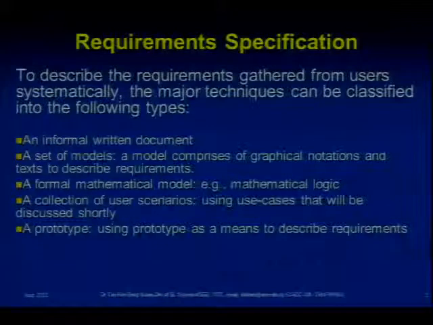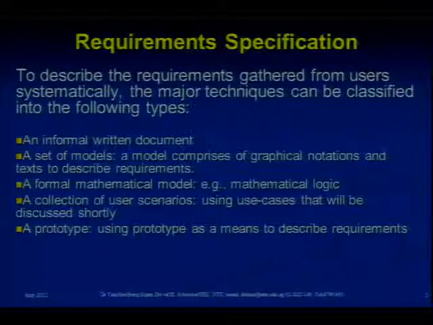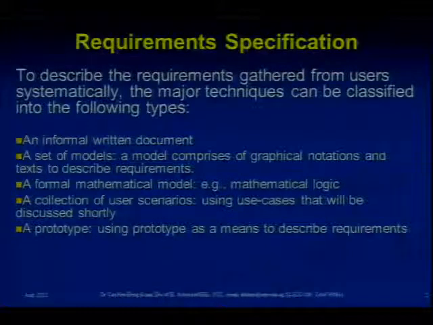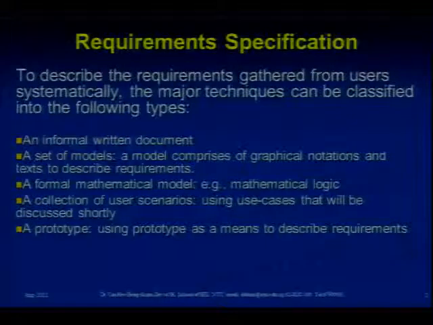Here we list down various types of techniques that can be used for requirement specifications. You can see from here, from very informal to very formal. It depends on the needs. A very formal case is like defining a requirement using mathematical logic.